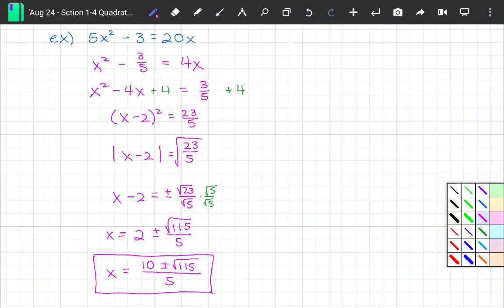All right, and let's just kind of recap our methods. The quadratic formula: the benefit of that is it always works. It's not always the most efficient, but it always works. Any quadratic equation can be solved with the quadratic formula. So it can always be your fallback.